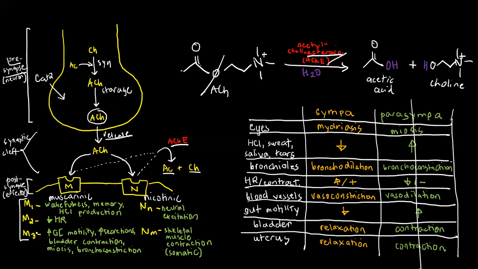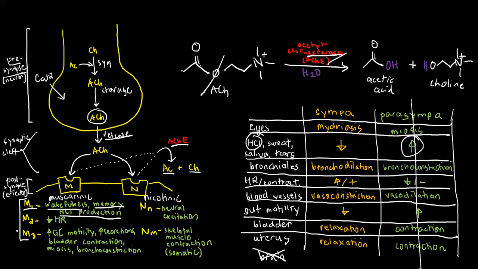Currently, there are probably more than that, but I cut it down to 3 because these are the only ones that we need to know to understand our basic drugs. The M1 receptor will cause wakefulness, memory, and HCl production once activated. Actually, wakefulness and memory, I really didn't mention here because the brain, which is really not a part of the ANS in the first place, is not included. But I thought it's important for reasons I will mention with some drugs later on. HCl production, luckily, is found here.